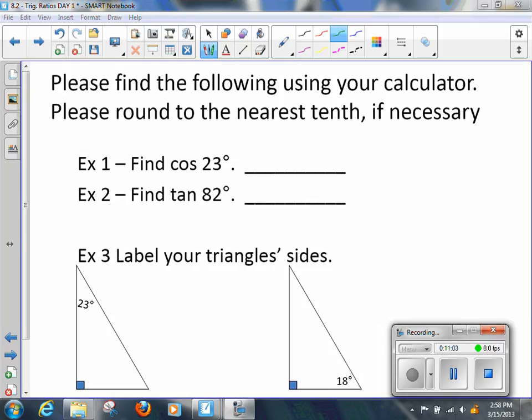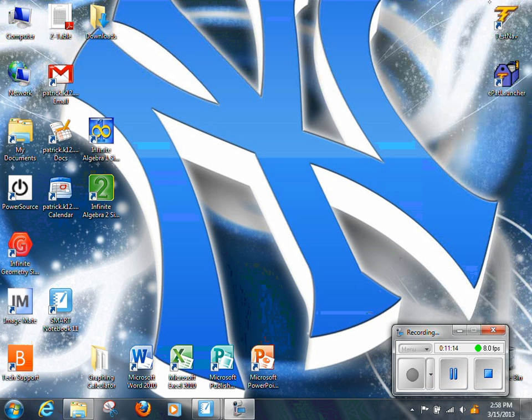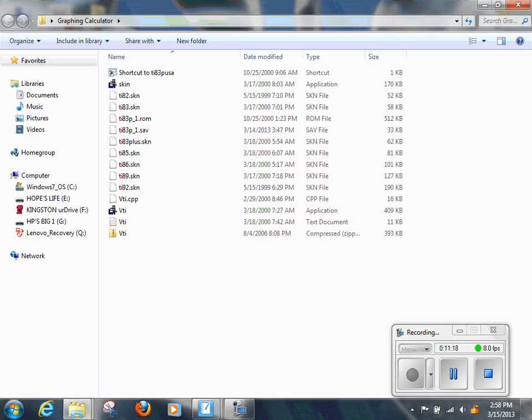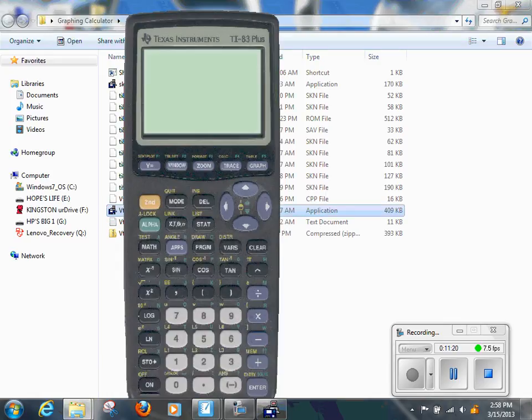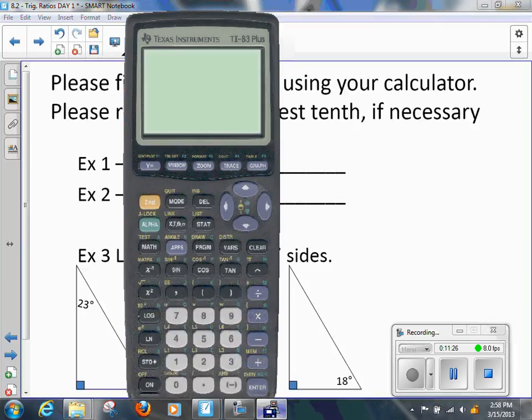Literally, all you're going to do is click on the cosine button, and then click on 23 degrees, and then hit enter. And you're going to get this big old decimal.